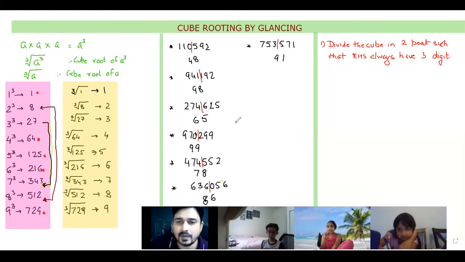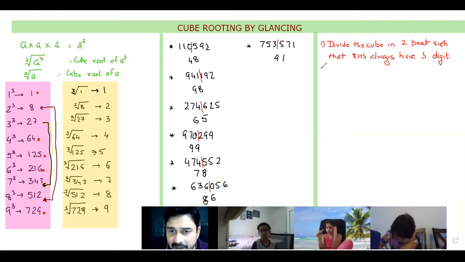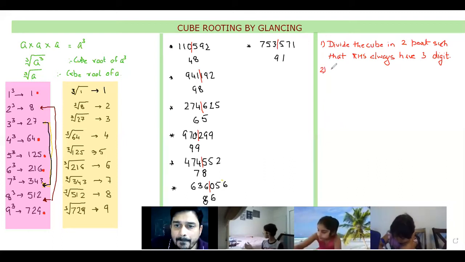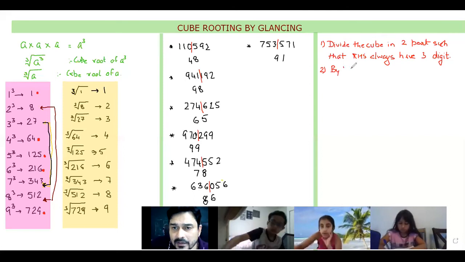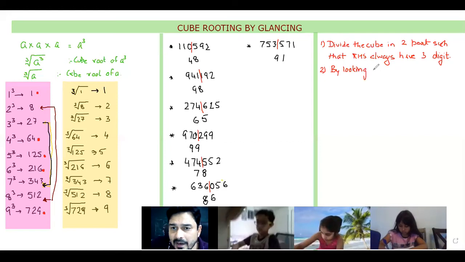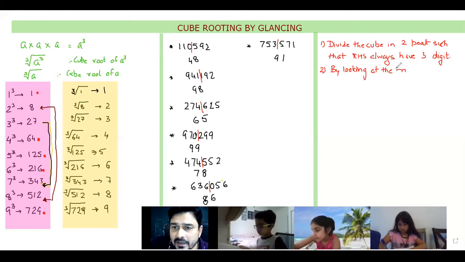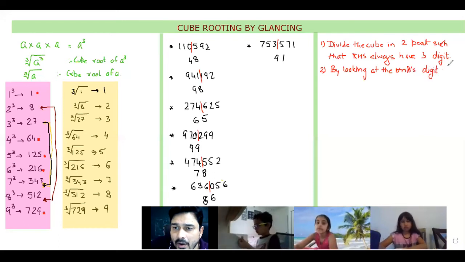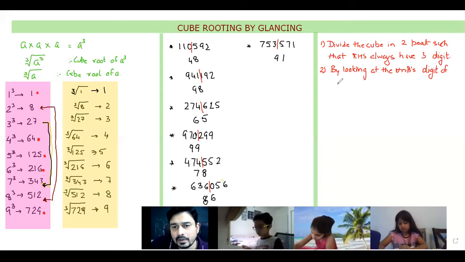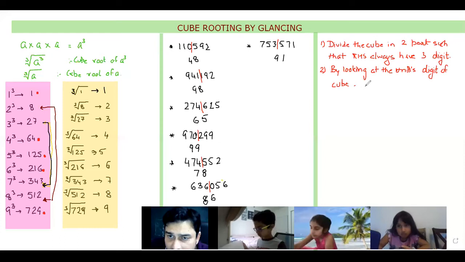Very nice. Now second step is by looking at the units digit of cube, find units digit of cube root.